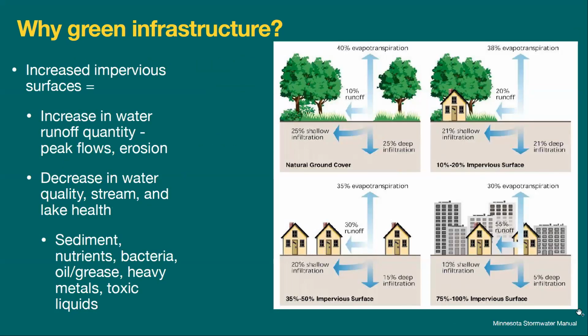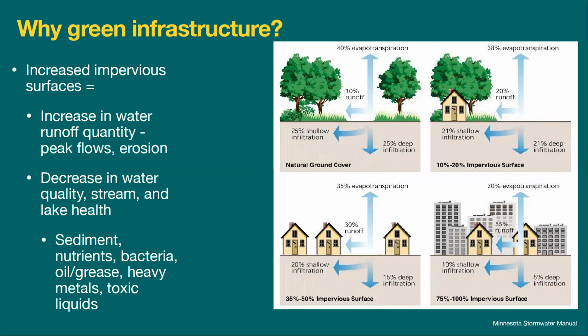So this image shows that as the impervious surfaces increase on a landscape, the stormwater runoff increases, moving from like 10% runoff in a forested, naturally vegetated pre-development landscape up to like 55% runoff. And that's in an area that's very urban where 75 to 100% is impervious surface.